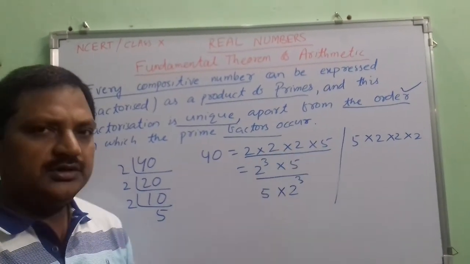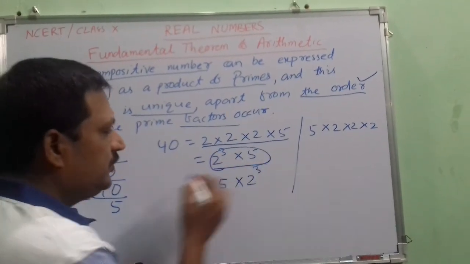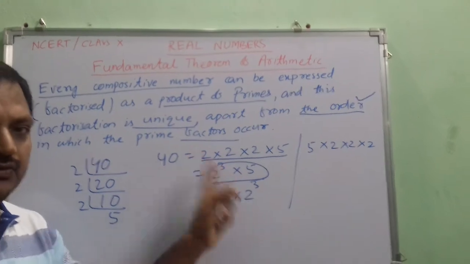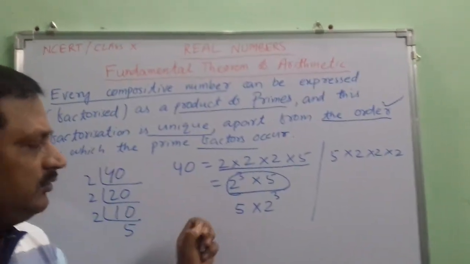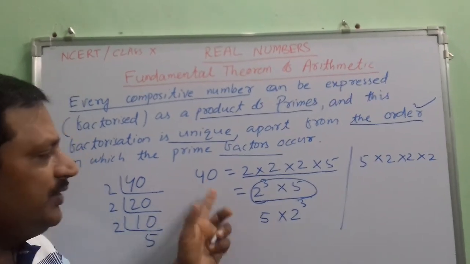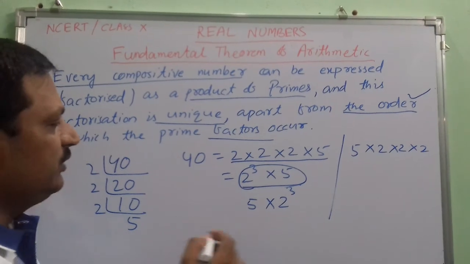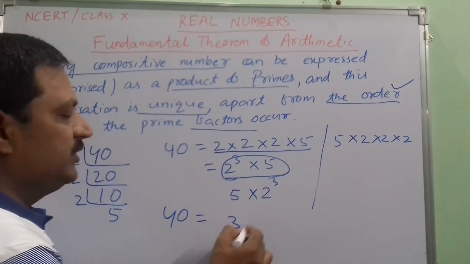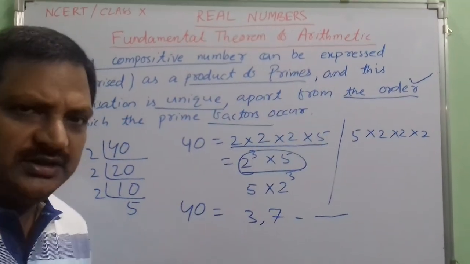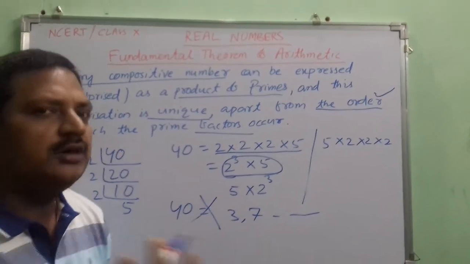We can change the order, but the prime factors here are 2 and 5, and this must be the same, and no one can represent 40 with other prime factors. That means you cannot factorize 40 by taking 3 or 7 or something like that. You cannot express 40 with other prime factors.